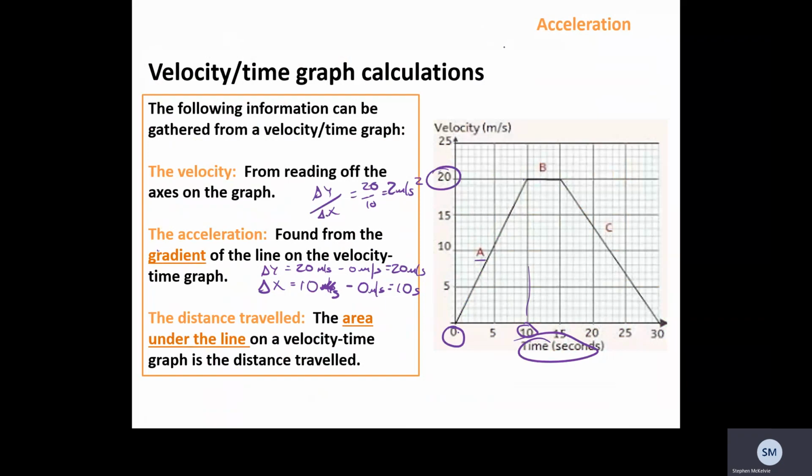Delta y over delta x is the same as the change in velocity. So this was 20, this is 0, this is in velocity. So the change in velocity was 20 meters per second, divided by the time taken. The change in x is the time taken. There's 10, there's 0. The difference between those is 10 seconds.